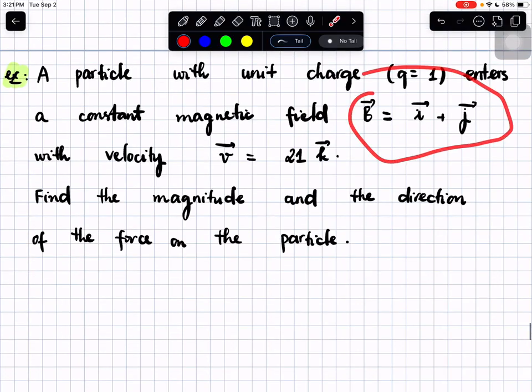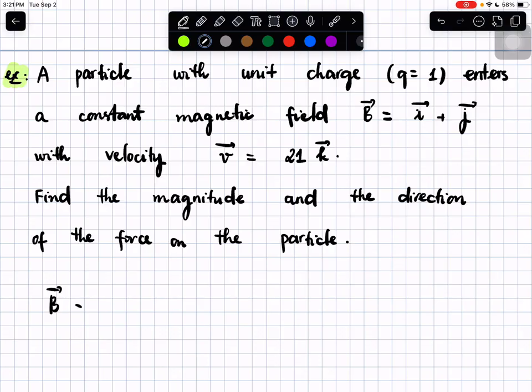The vector B denoting the magnetic field is the vector i plus j, so we are in 3 dimensions, you can think of 0 times k, with the velocity V equal to 21k. So vector B is the vector (1, 1, 0) and the velocity vector V is (0, 0, 21).